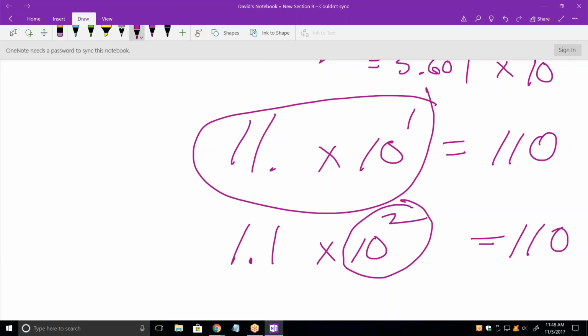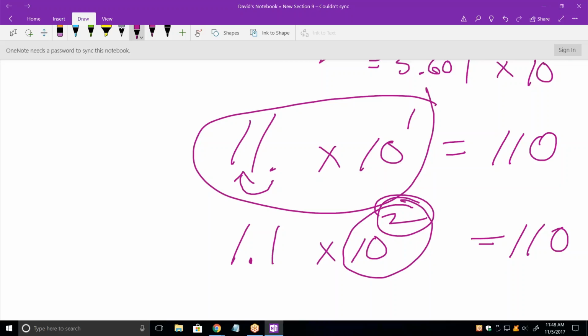It's very easy to forget a rule when sometimes it goes opposite than the other. So when I'm moving my decimal point to the left one spot, I add 1 to the exponent. That's the rule. If I'm moving my decimal point to the right one spot, I subtract 1 from the exponent.